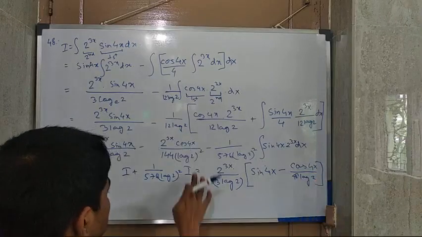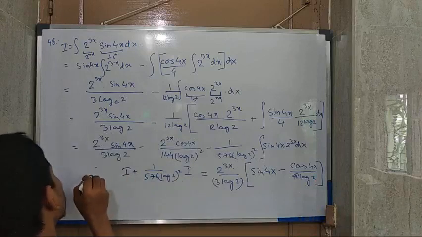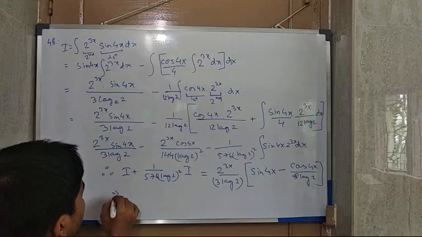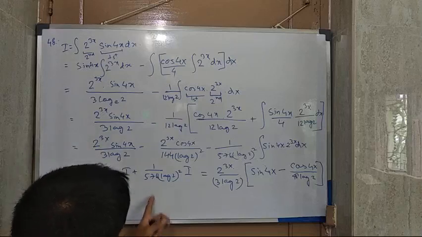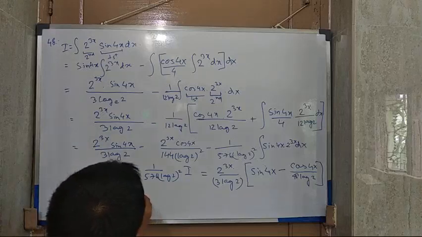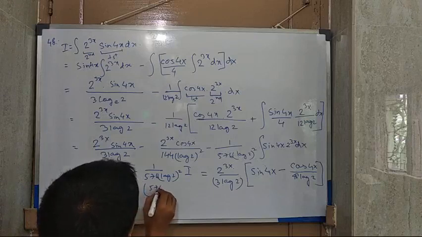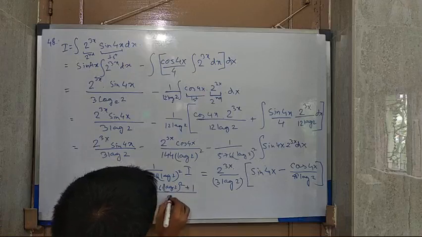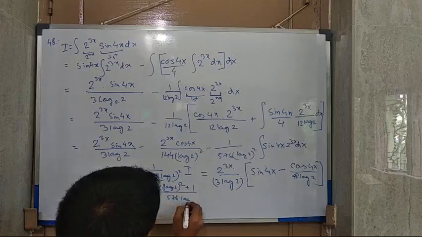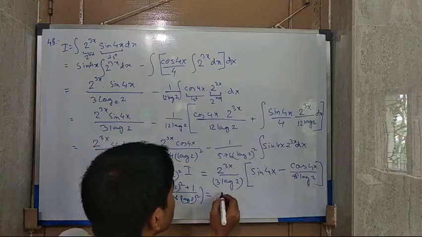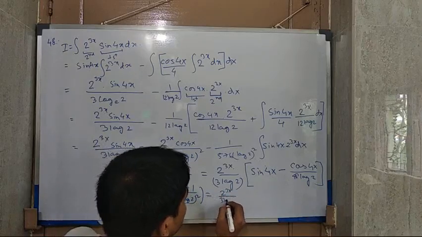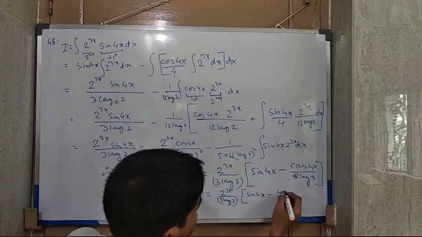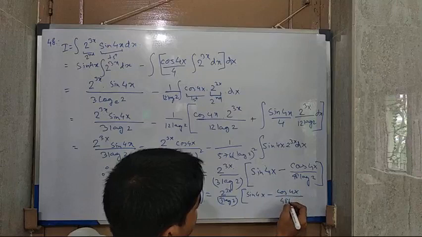Therefore, this implies that I times 576 log 2 square plus 1 by 576 log 2 square is equal to 2 to the power 3x by 3 log 2 times this one, which is sine 4x minus cos 4x by 48 log 2.